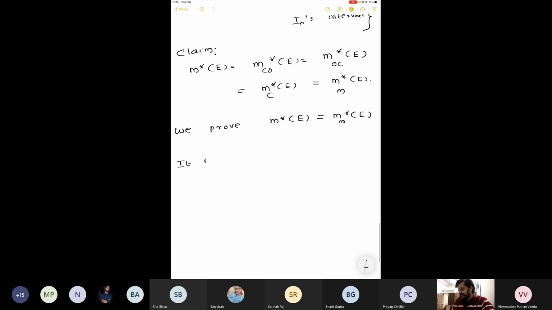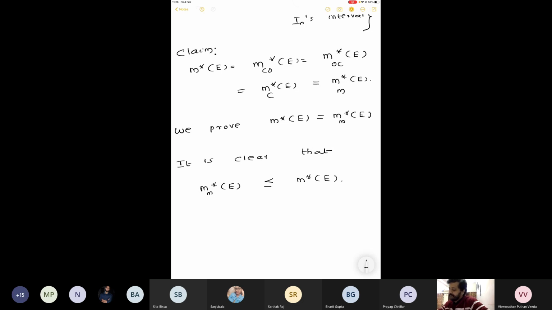That MM star E is less than or equal to M star E, because the collection involved in MM star E is of larger type compared to the collection involved in M star E. And you know that the infimum of a superset is less than or equal to the infimum of the original set.